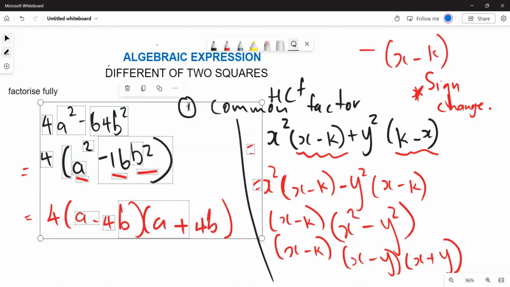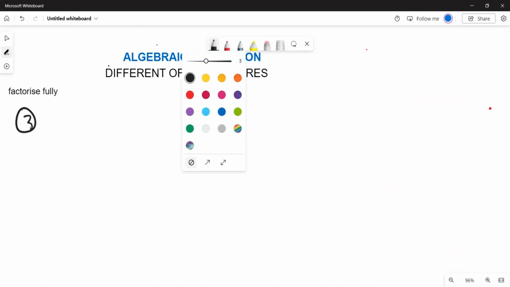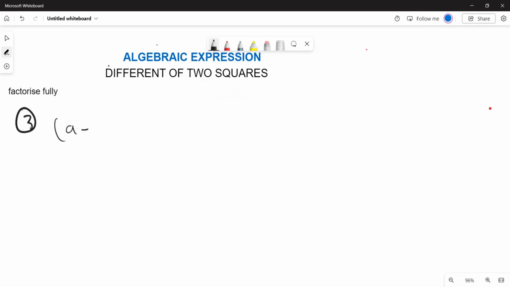Now let's check what else we can have here. Let's just make up some space. Let's use example 2. Let's say in this case you are given a subtract b squared, subtract 2a subtract b squared. Look at this one.